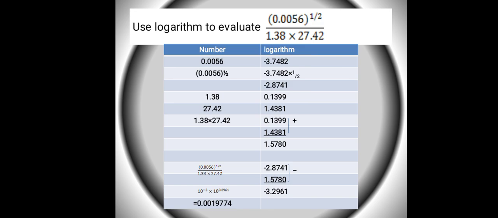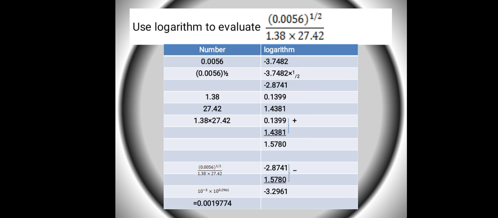Use logarithms to evaluate the square root of 0.0056 all over 1.38 multiplied by 27.42. Now the logarithm of 0.0056 is 3.7482.